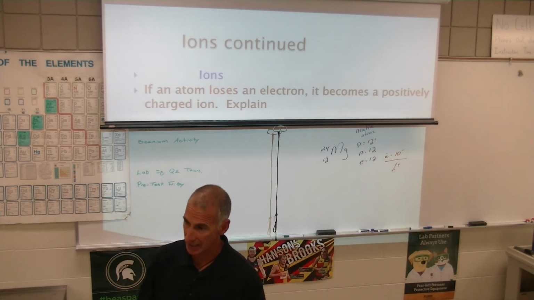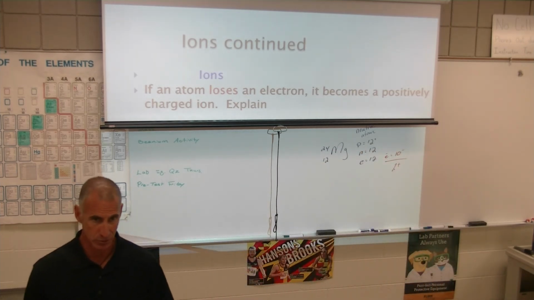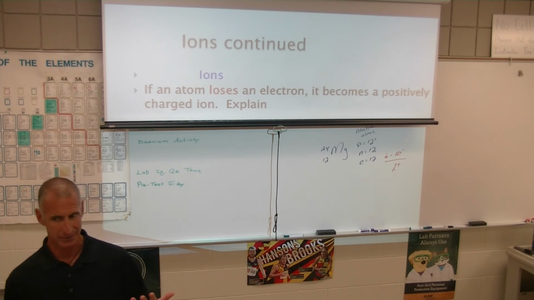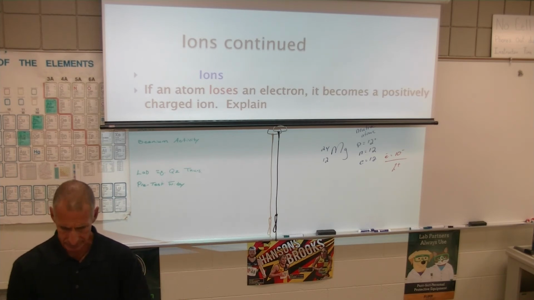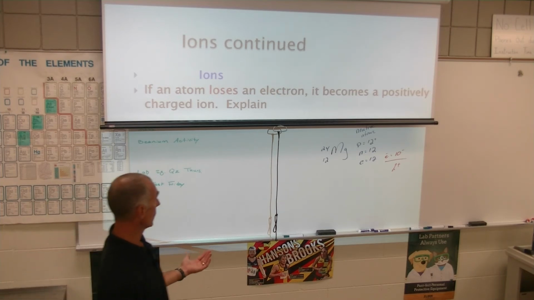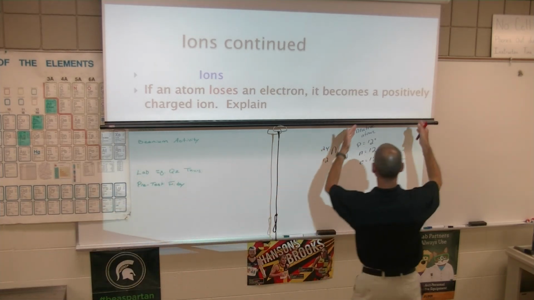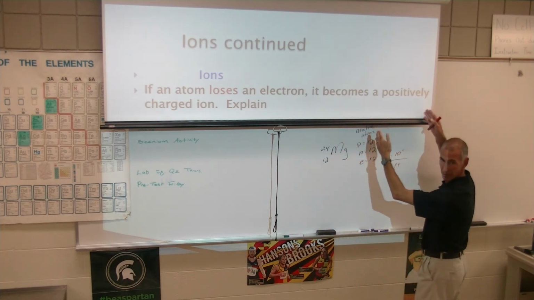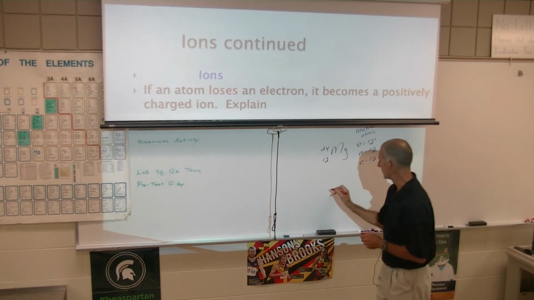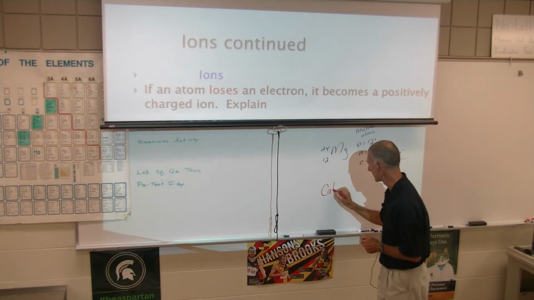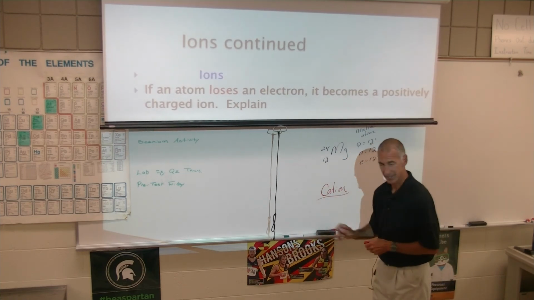A positive ion, I remember it one of two ways. One's kind of corny, but I kind of like it. How many of you have cats at home or been around cats? What are these things that cats have? Paws, and they're cats. So if we have a positive ion, we have a cation.